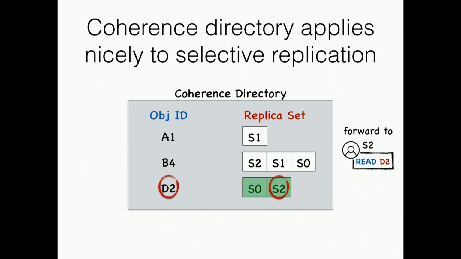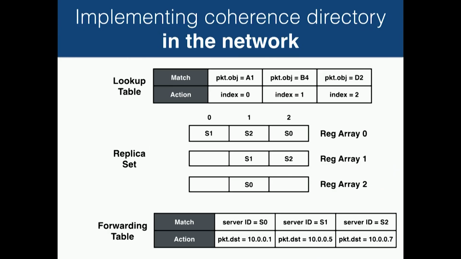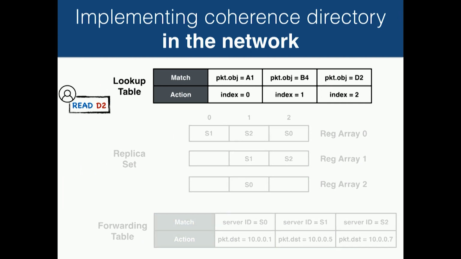One important contribution of our work is to demonstrate that we can build this coherence directory efficiently on programmable switches. Just to briefly give you a high-level sense of how we build that in a Tofino-like switch, we use multiple pipeline stages. In the first pipeline stage, we match the object ID, the hash of the object key, in a lookup table. And the action is an index that we can use in later stages.